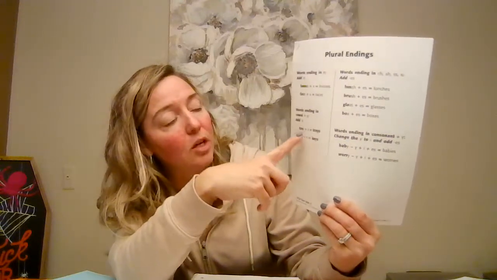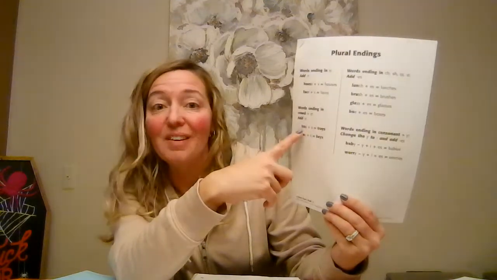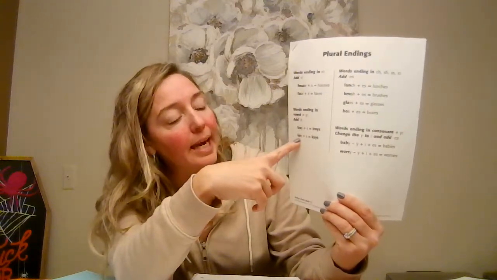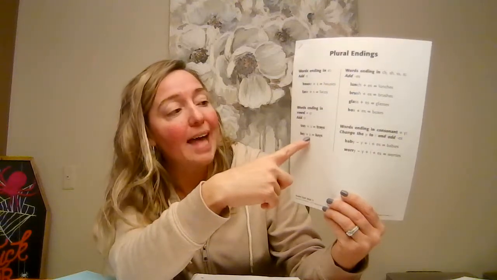So if you see an A, an E, an I, an O or U, then you see the letter Y, then all you have to do is add the S. So in the word tray, it has A, then Y. Since it's a vowel, then Y, we just add the S to make it trays. Key, the vowel E, then Y, a vowel, then the letter Y. We again just add S and we have keys to make it plural.